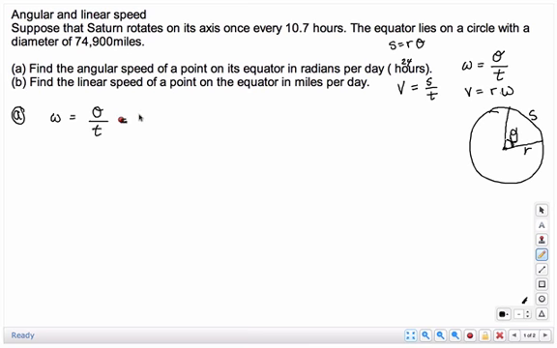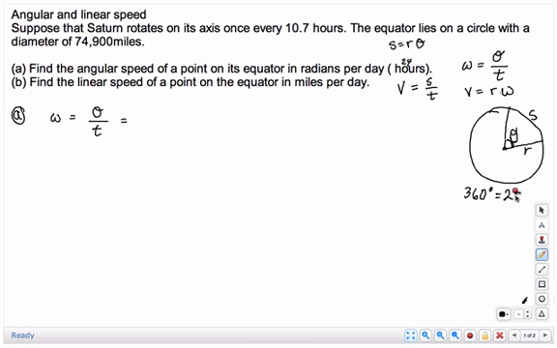You can see here that the angle is one rotation, which takes 10.7 hours. That's 360 degrees, but in radians, 360 degrees is the same thing as 2 pi.